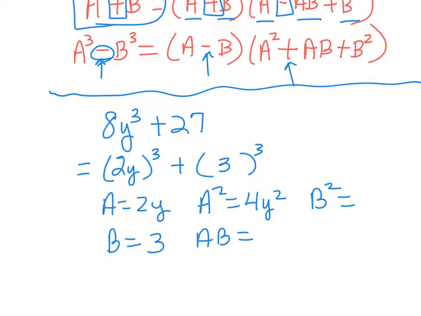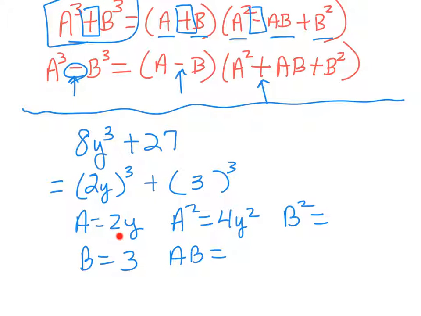If a is 2y and b is 3, then ab has to be 2y times 3, which is 6y. To get b squared, I'm going to take my b, which is 3, and square it. 3 times 3 is equal to 9.